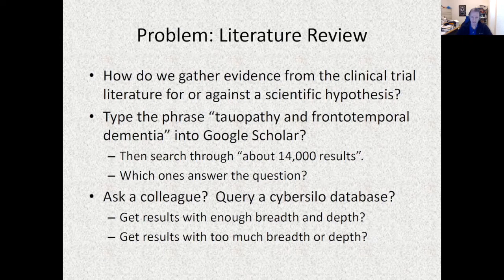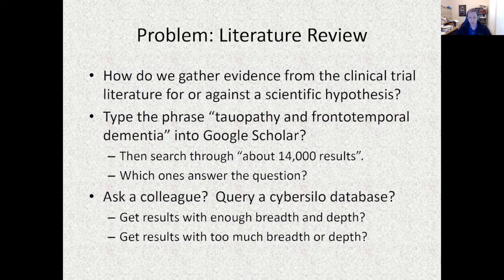So in this example, where I did a simple search on tauopathy and frontotemporal dementia, just by examining Google Scholar, what do you do with 14,000 hits? It's just not possible for an ordinary person, an ordinary human investigator, to work with 14,000 hits.